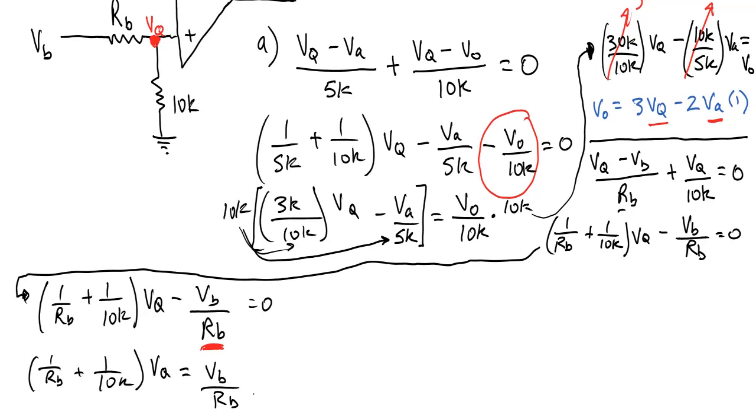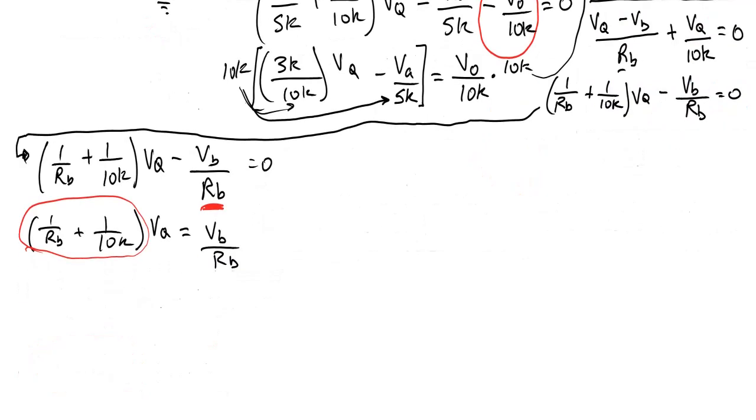And then finally, what we're going to do is divide by this to get VQ by itself. All right. So if we do that, we'll be left with VQ is equal to, the way we're going to write this term up here, this 1 over RB plus 1 over 10K, if we divide it, we're multiplying by the reciprocal.